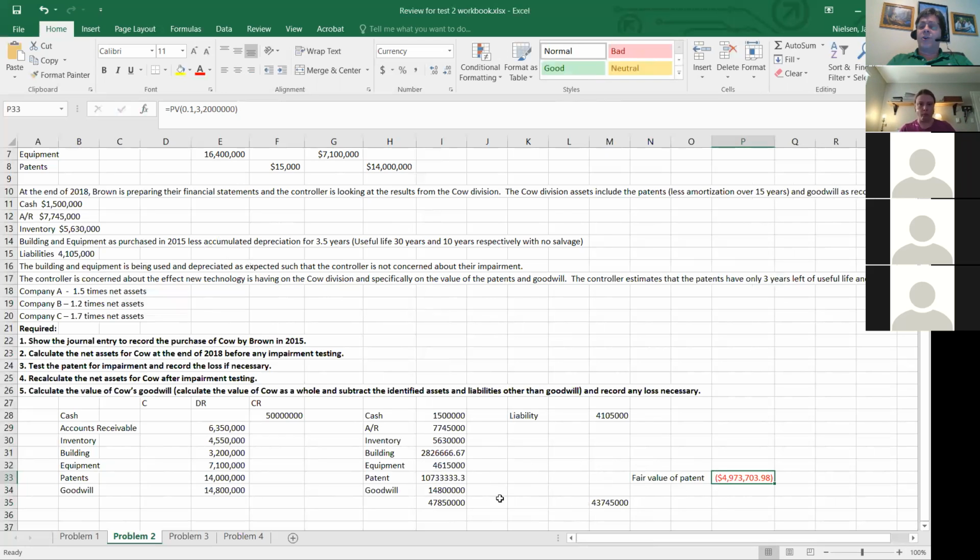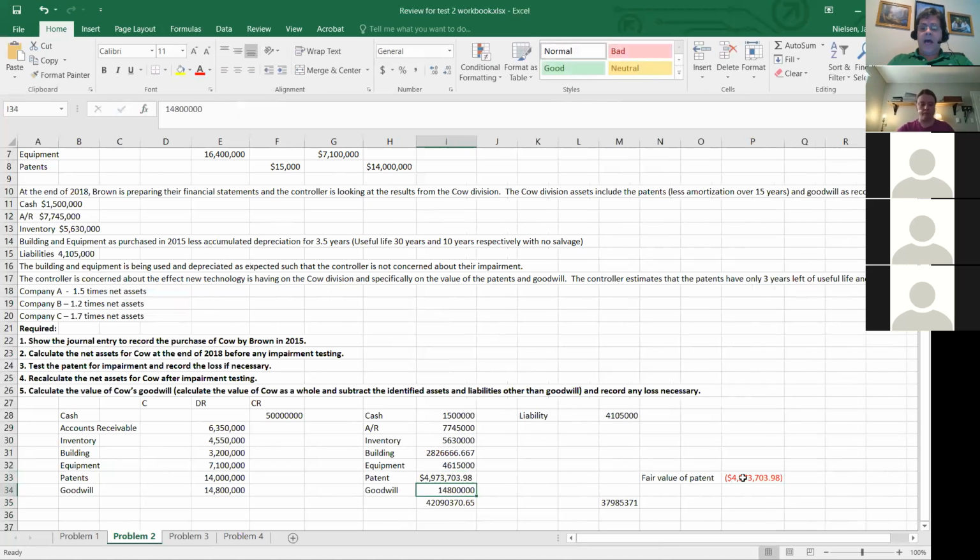So we need a journal entry for the difference. So if I'm asking for a journal entry, we need the difference. If I want to know what the new value is, then I'm just going to change this patent to that.